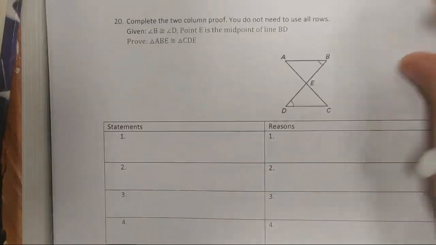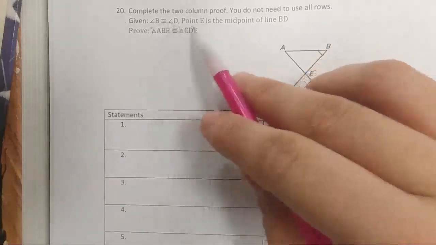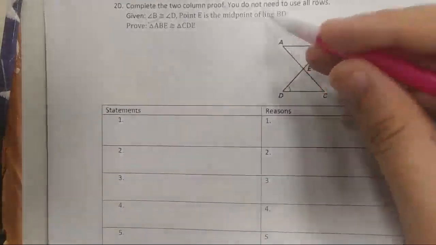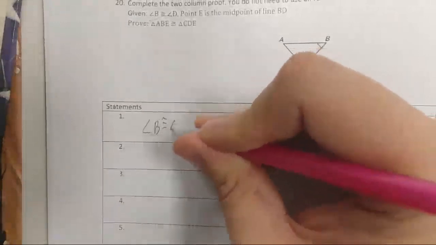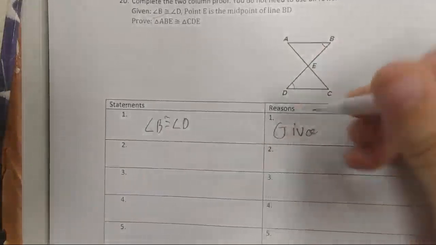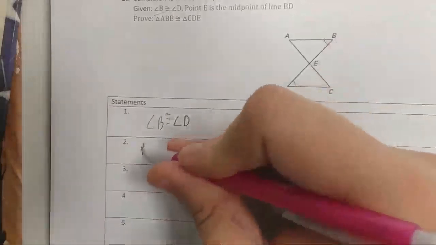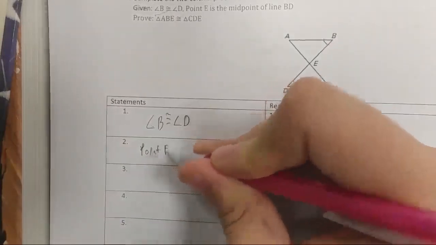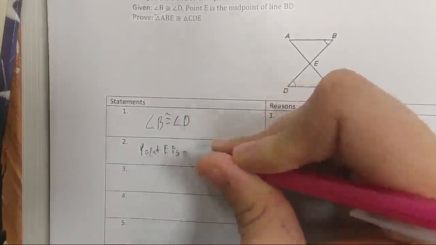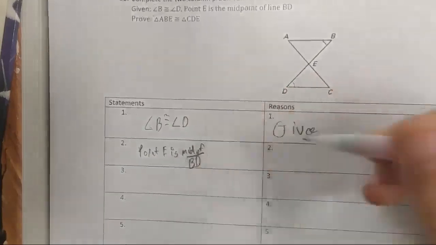Oh, this one is fun. Two column proofs don't need to use all the rows. So given B, D, and given that point E is the midpoint. Oh, that's a lot of information actually. So angle B is congruent to angle D. We know that because that's given. Oh, I already drew on the test. Okay. Now, point E is the midpoint of line BD.